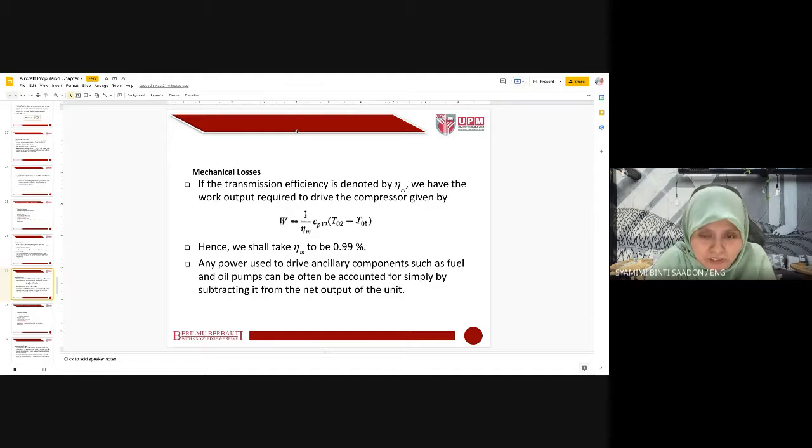We can use this one, slide 77, because there is a mechanical loss, the mechanical efficiency.